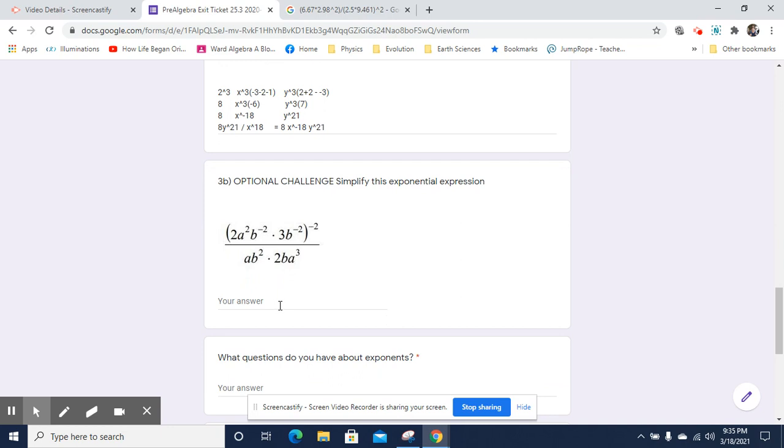Okay, one more optional challenge for us. We've got all these a's, we got a negative 2, some b's, so let's deal with the 2 first. So that's going to be 2 to the negative 2 power, which I'll deal with in a second. We've got a's, and we got b's. So let's start off by raising it to the negative 2 times something.